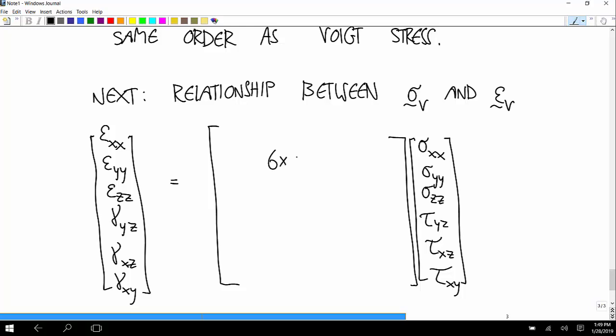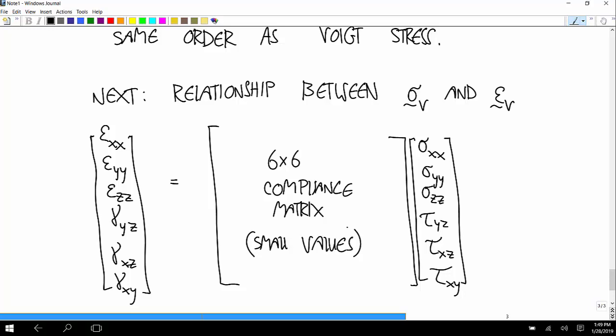So this is a 6x6 compliance matrix. And that means that this is going to have small values, very small actually, smaller than the strain values.